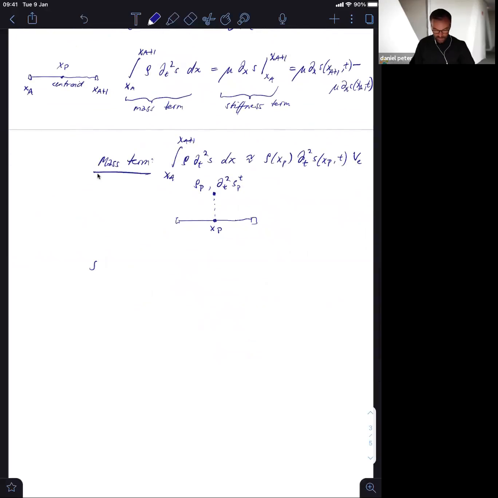So how about the stiffness term? Well, here we have the shear moduli times the derivative of the displacement evaluated at xa and xa plus 1. So that's just a little bit more explicit, written out this difference between these two terms.